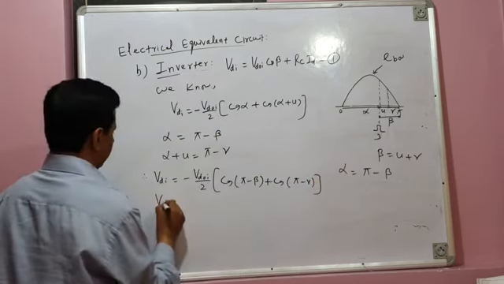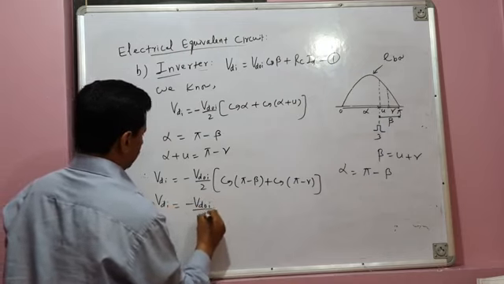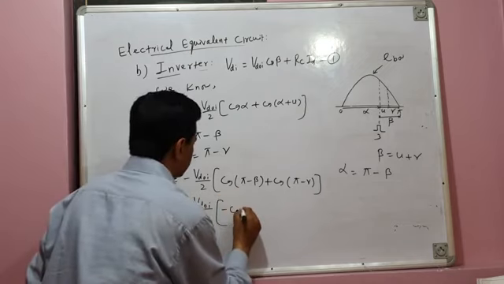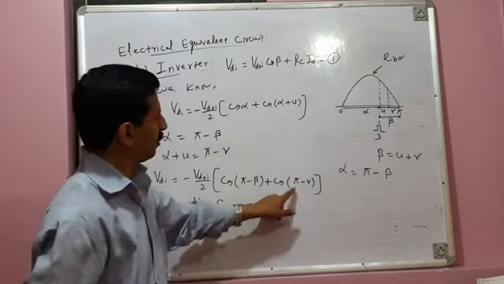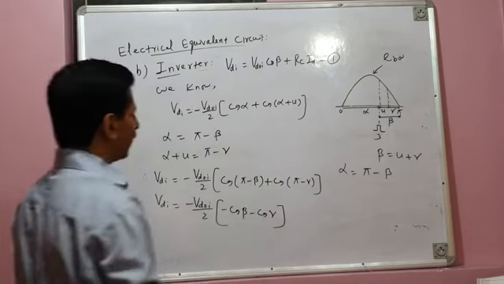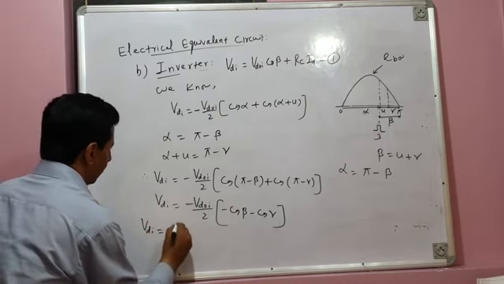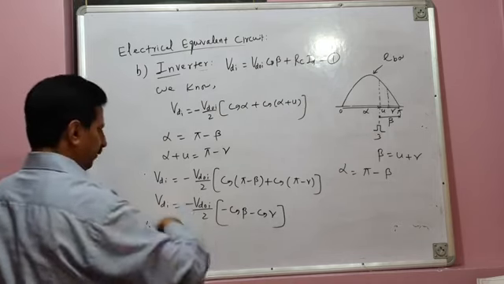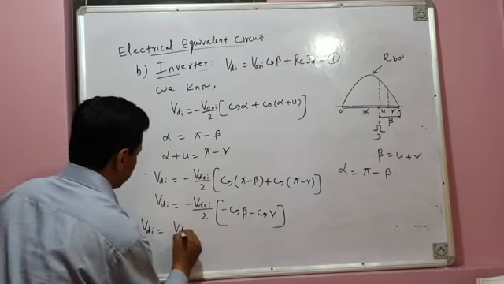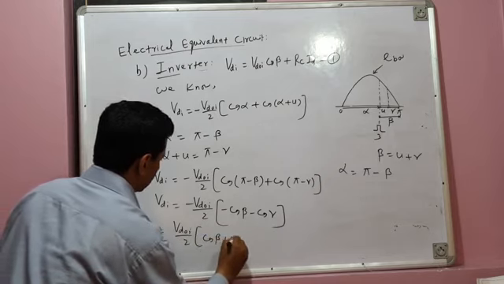So VDI is equal to minus VDOI by 2 times cos of pi minus beta, that is minus cos beta, plus cos of pi minus gamma, that is minus cos gamma. I will take out the minus, and minus becomes plus. So this is VDOI by 2 times cos beta plus cos gamma.